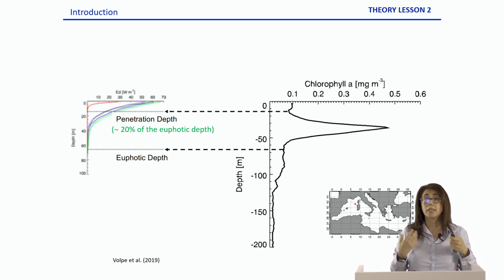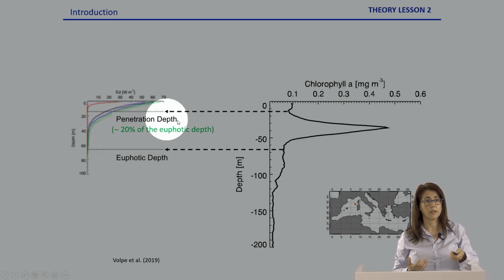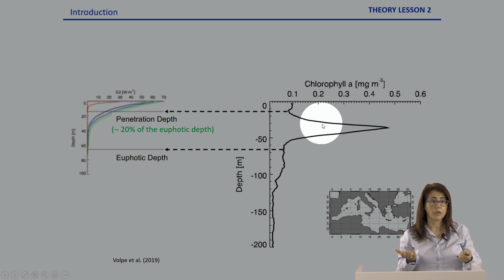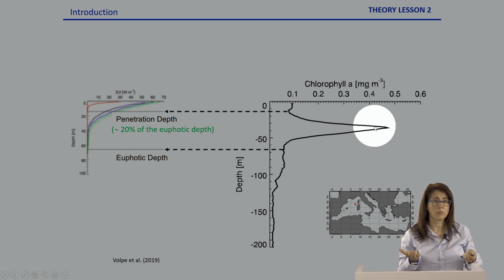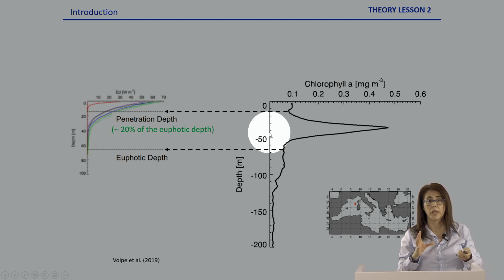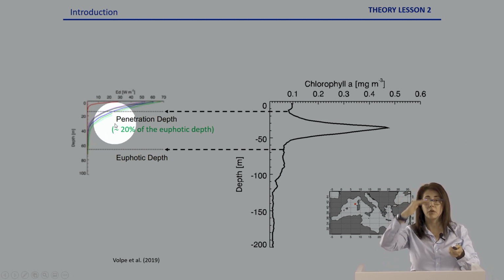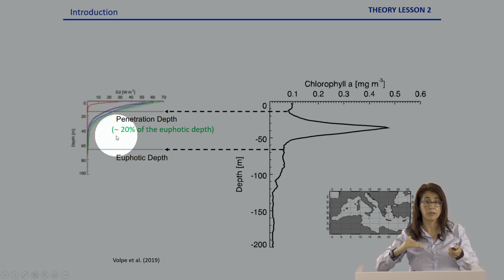For example, if we see this chlorophyll profile here on the right-hand side, we see that in the first few meters of the water column, the chlorophyll concentrations are low. However, we find a chlorophyll maximum at a depth of approximately 40 meters, more or less. If we look at the penetration depth of the satellite, which is approximately 20% of the euphotic depth, that means the depth of the water column where the sunlight reaches, okay?